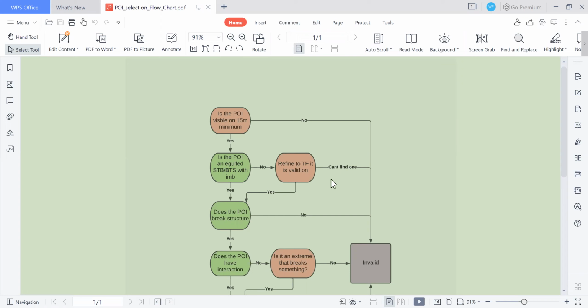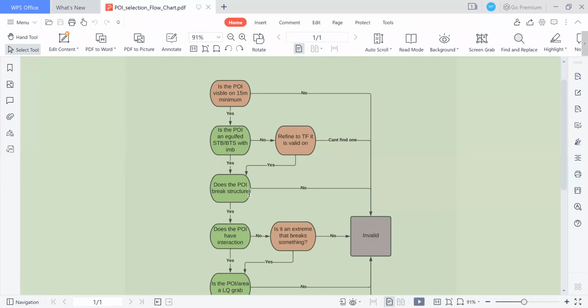Look at it through another time frame. If you're on 4 hours, check 1 hour, check 2 hours, check 3 hours, check 30 minutes, check 15 minutes, until you see a place where the POI is an engulfed STB or BTS with imbalance. I hope this is clear, right? Now, if you can't find any at all, then it is invalid.